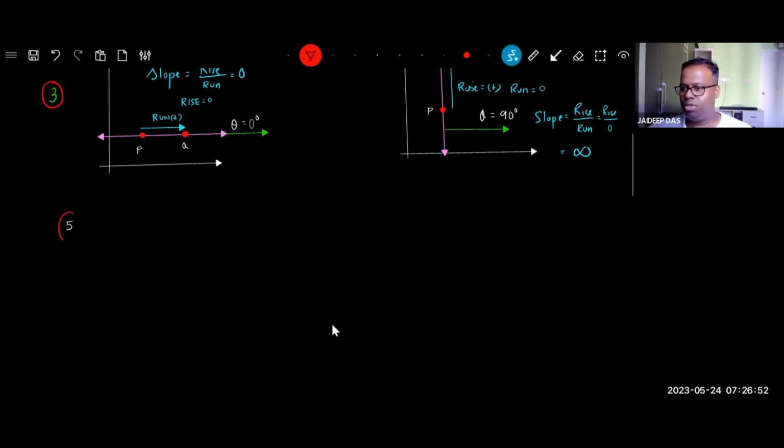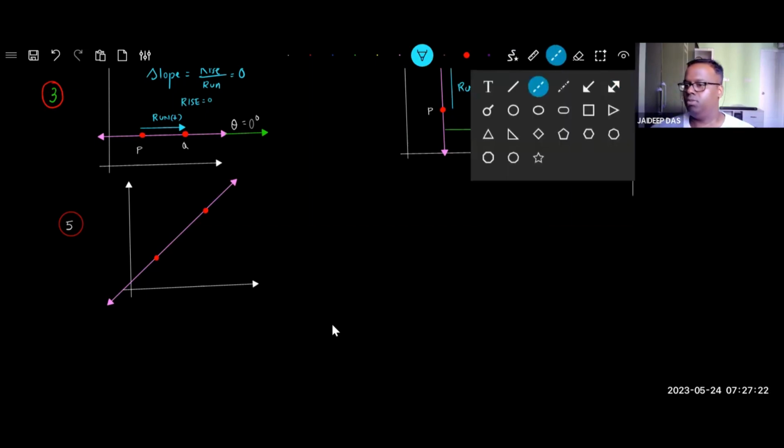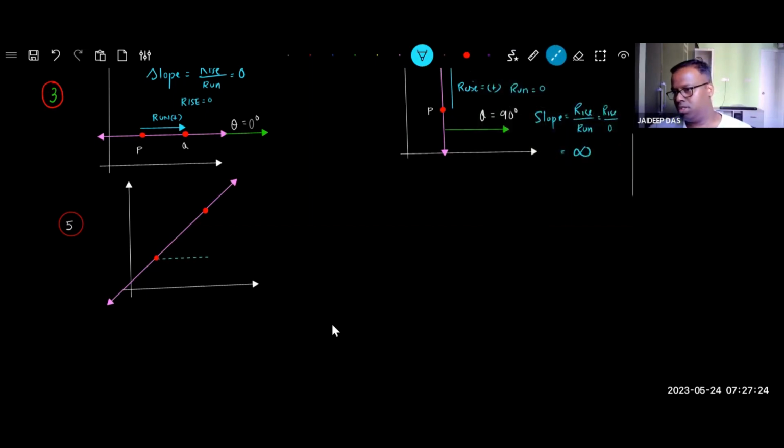My fifth analysis is, and I'm taking the positive slope as my illustration, that I take my line and select two arbitrary points on it, P and Q, and all you did was try to find the rise over run from P and Q. Don't you forget the positive direction of x-axis.